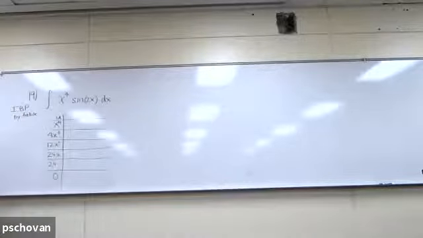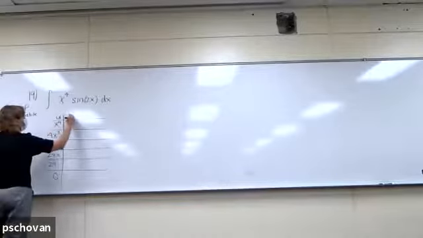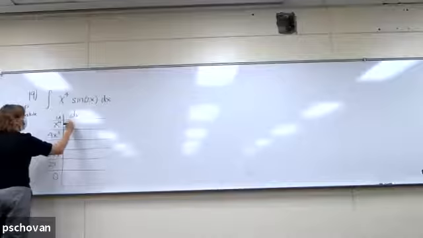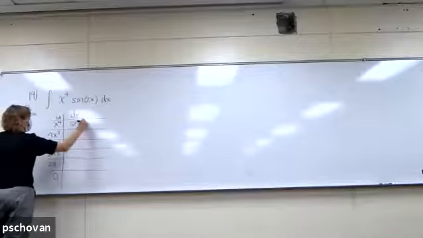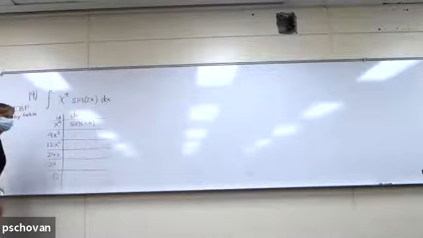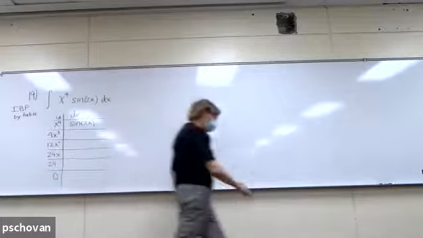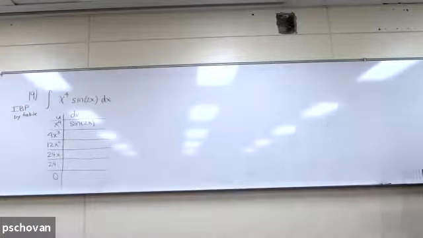All right, you're going to need 1, 2, 3, 4, 5, 6 rows there. You run out of derivatives. Remember again, the integral of a sine is a negative cosine. Integral of a cosine is a positive sine.